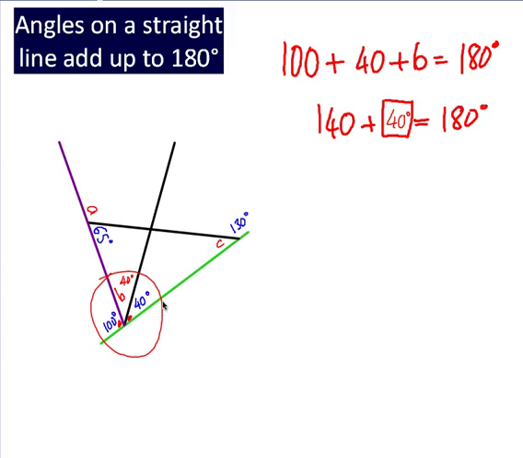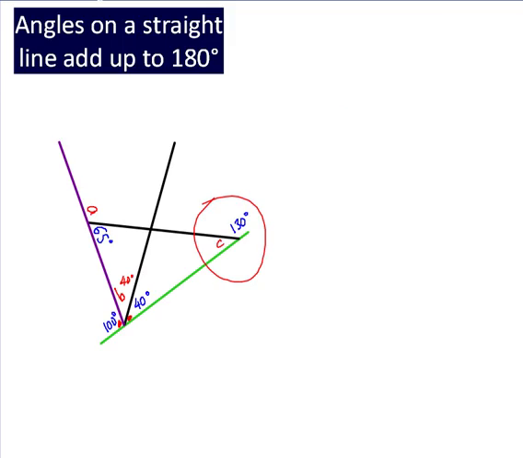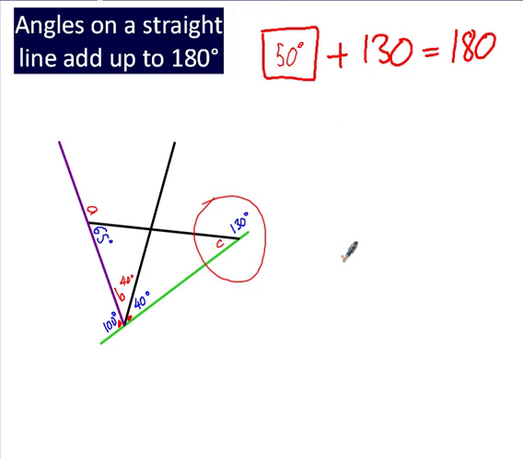Okay, so now looking at finding C, well, easy. These two lie on a straight line. C plus 130 equals 180. Again, if I think of this as one of those missing or fill in the square type problems, something plus 130 equals 180, 50.